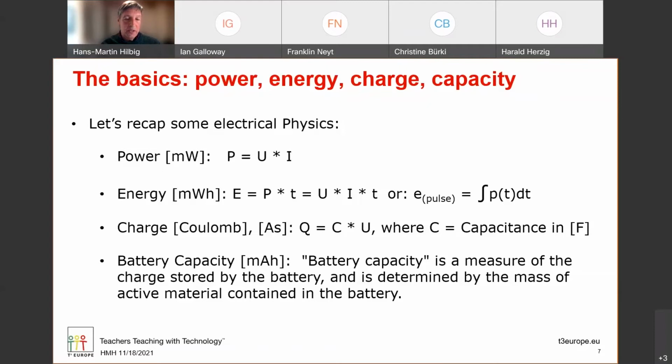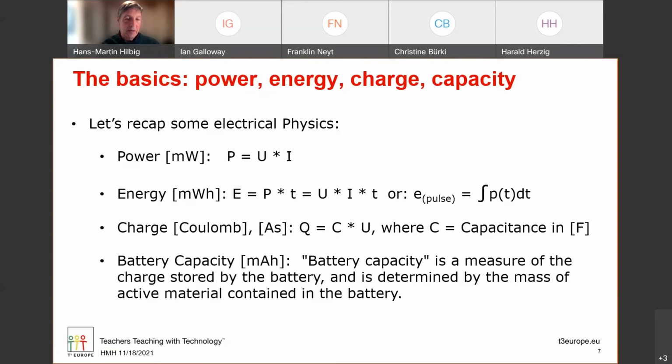Charge is the product of current times time, and battery capacity is also the product of current times time. It's just a different way. But to really translate this into energy, you also need to take the voltage into account, and then you are in a different domain. And I think, as a measure, we need both domains.